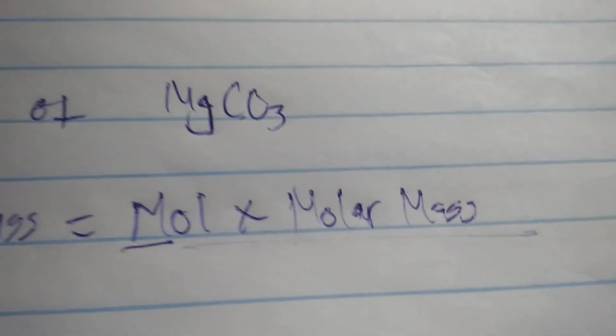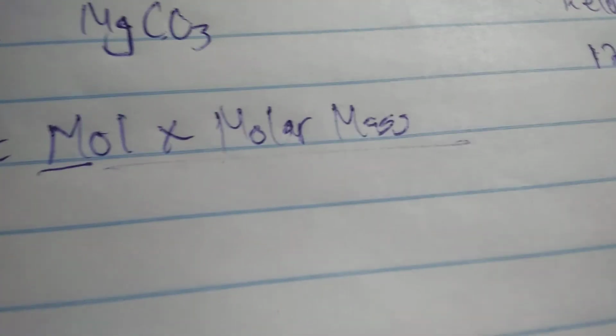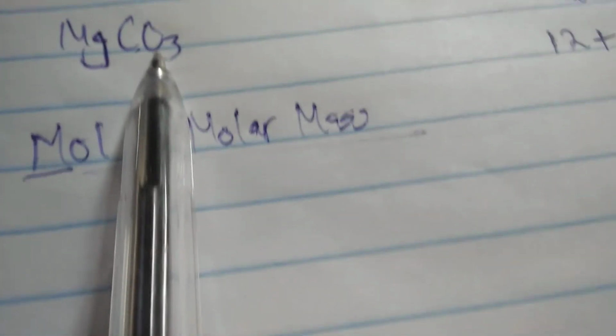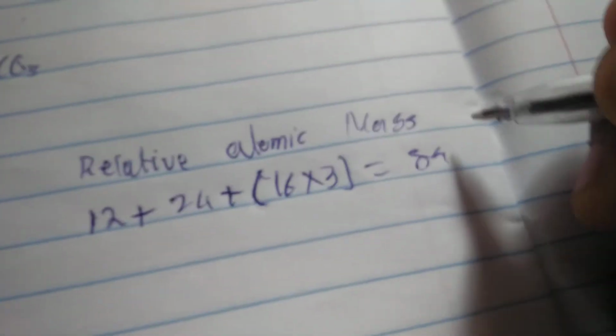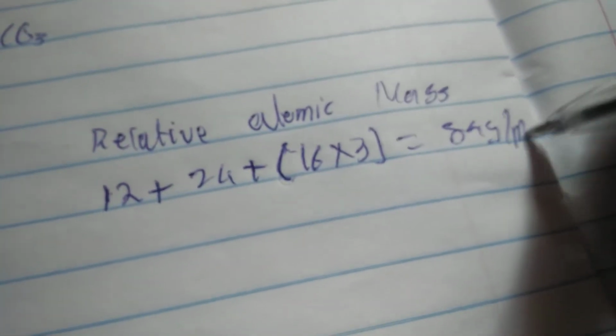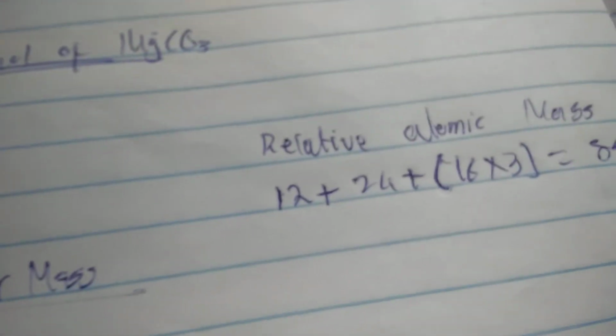We are multiplying it by 3 because according to the molecular formula for magnesium carbonate, we have 3 oxygens. Which will give us 84 grams per mole. This is our molar mass.